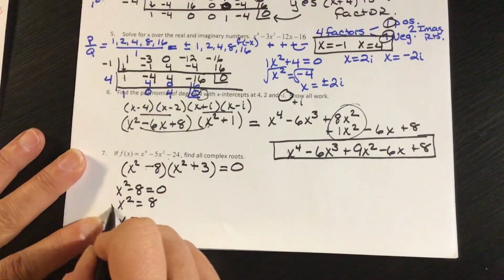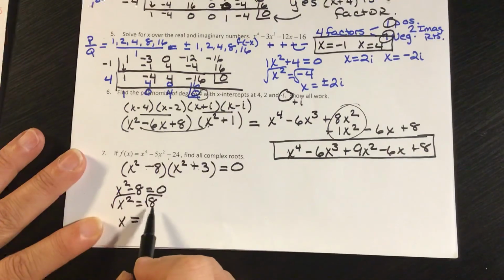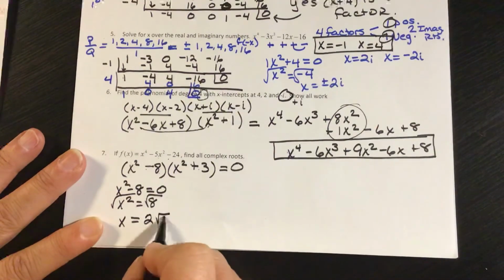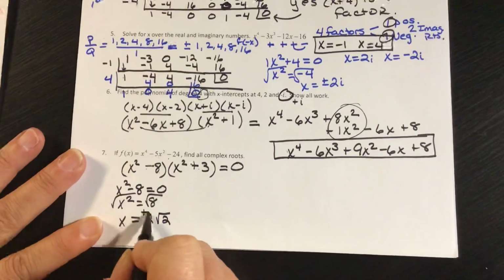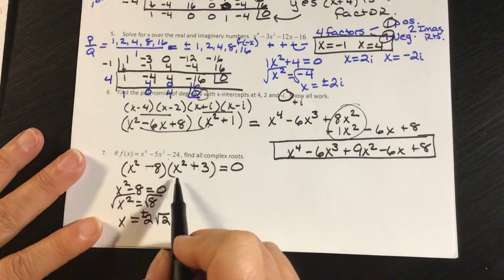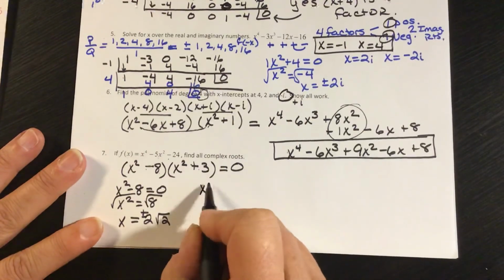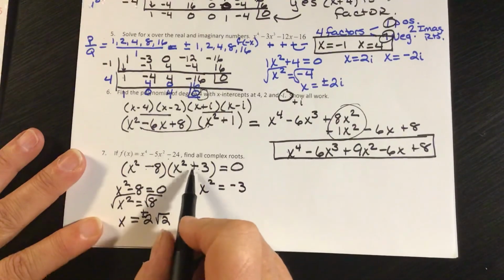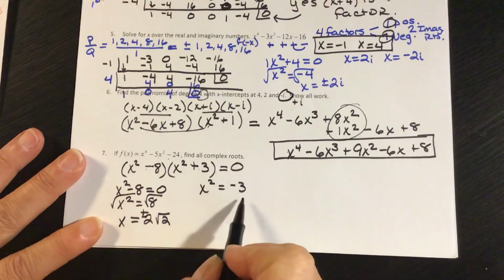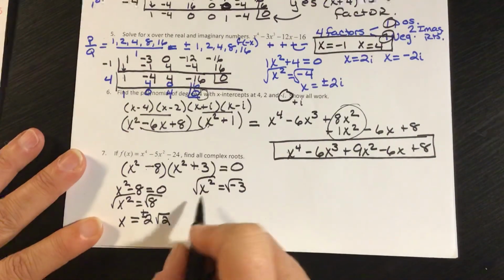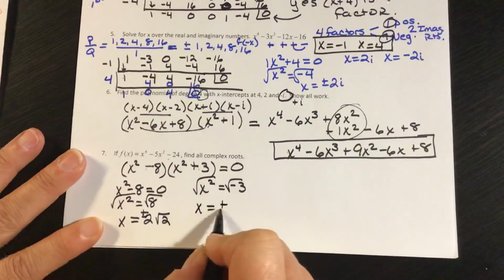So x equals, and I have a square root of 8, so this is just 2 square root of 2. And it's positive and negative. On this one, I have x squared equals negative 3, because I'm going to set this equal to 0, subtract 3, so x squared is negative 3. Square root both sides, and x equals plus and minus.